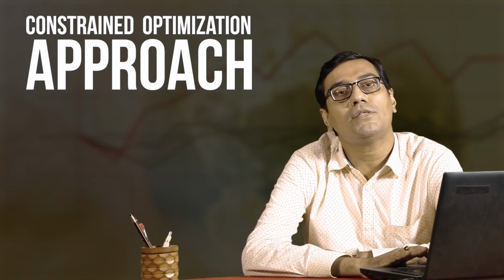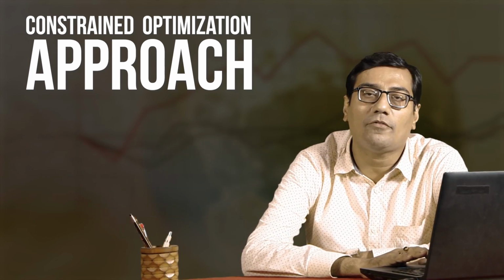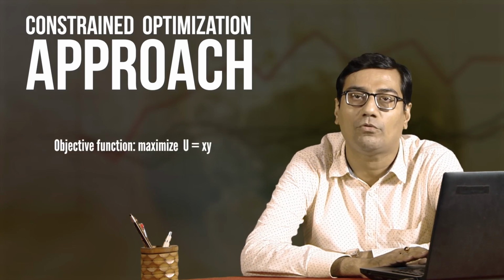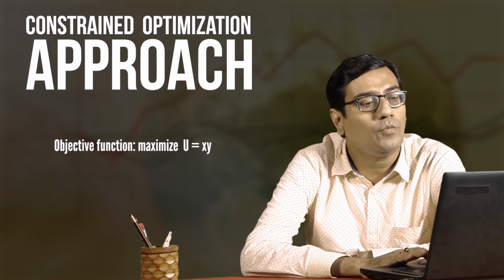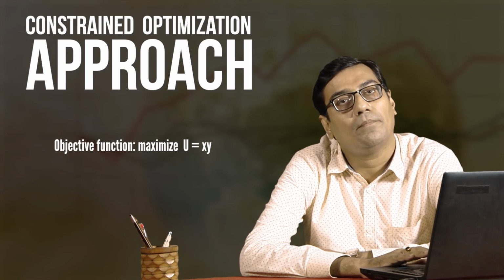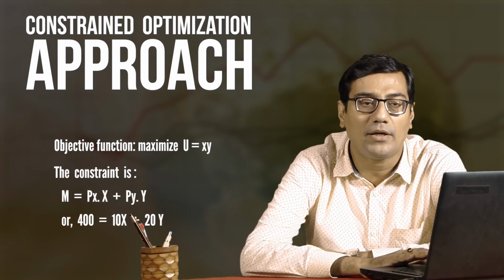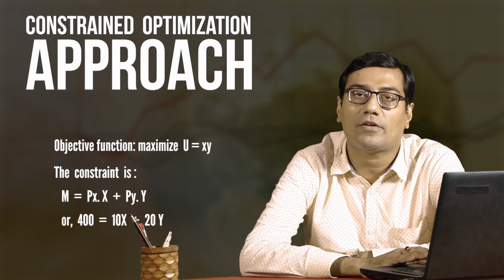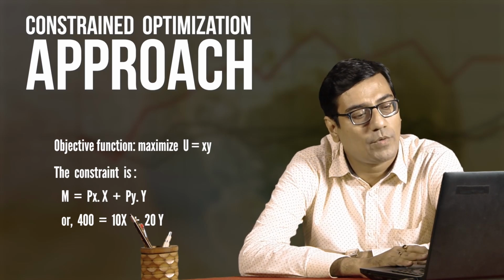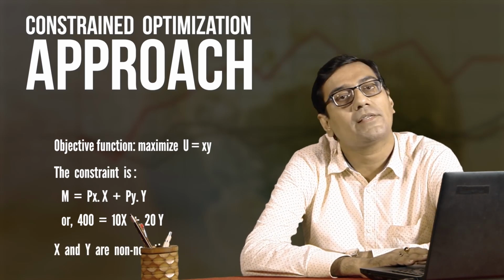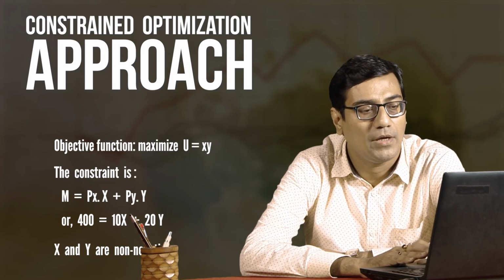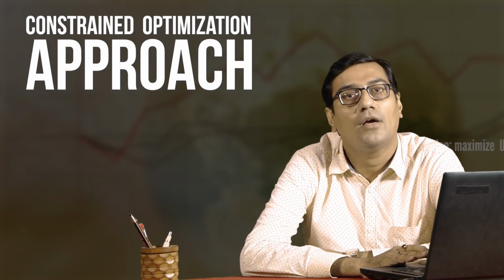So in order to do this, we have to set an objective function which is maximization of utility as usual, and then we have a constraint which is the money income of the budget 400, 10x plus 20y, the respective Px into x plus Py into y, and x and y must be non-negative. So given this budget equation, our objective is to maximize our utility.